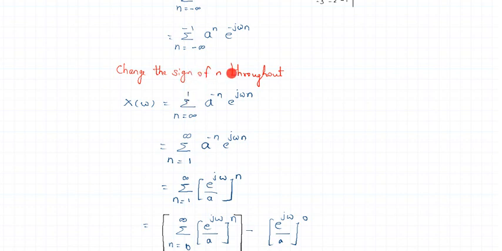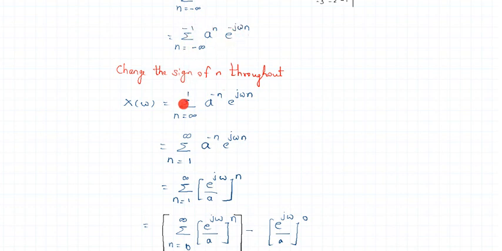What is the meaning of this statement? It means that wherever there is n in the DTFT equation, we change the sign of it.